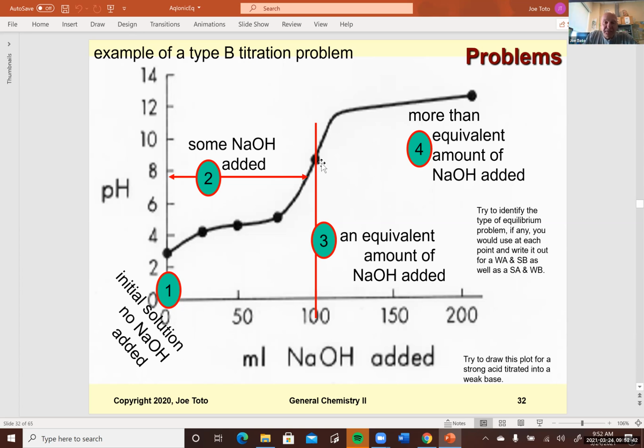Now, after the equivalence point, you remember all those curves kind of melded into the same. And the reason is because after the equivalence point, the pH is dictated by the excess strong base. You don't have to worry about the conjugate base anymore because the amount of hydroxide generated from the weak base is negligible compared to this strong base.